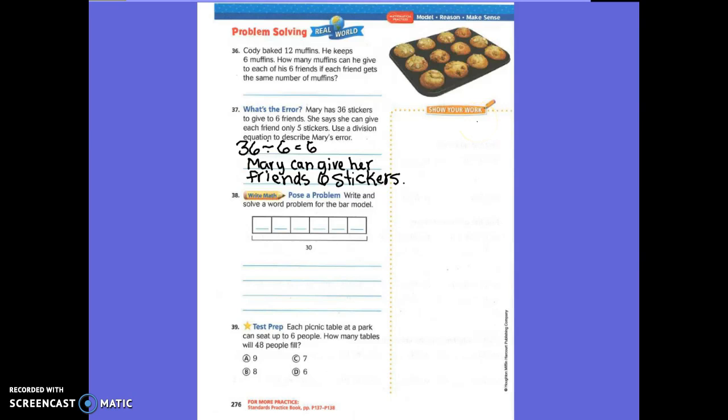Pose a problem. Read 38. It says to solve a word problem for the bar model. For the bar model, not from. Okay, what do we know just from the bar model right now?